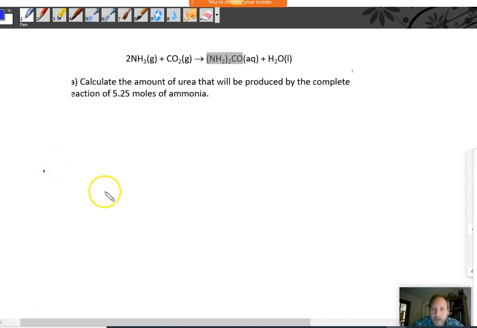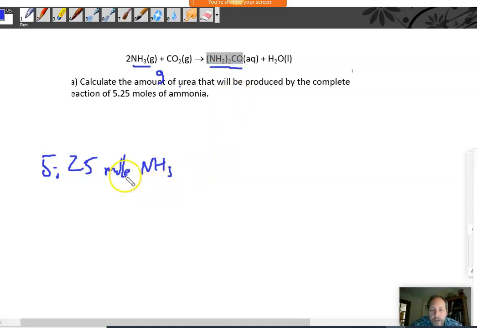I'm starting with 5.25 moles of ammonia. And I want to find out, calculate the amount of urea. I assume they imply grams there. Anytime they say the amount, we're going to talk about grams of urea.